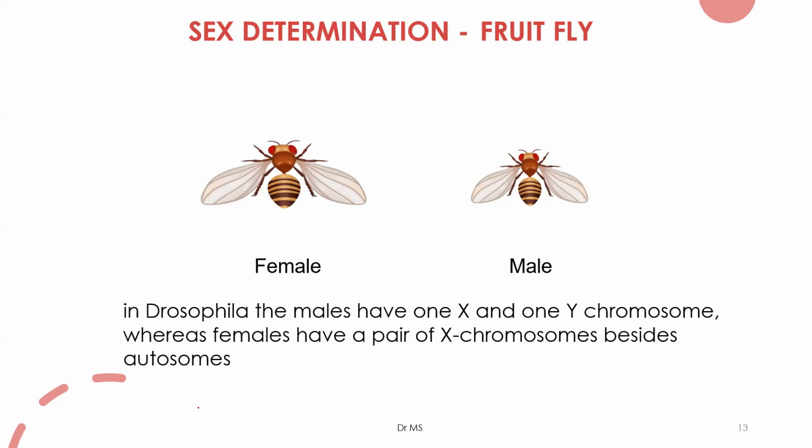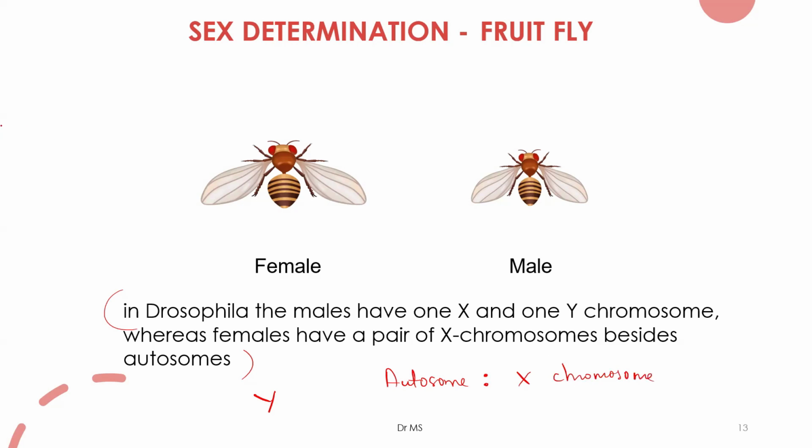And remember, in Drosophila, sex is not determined by the presence of Y or not. Actually, it is determined by the ratio of the autosomes and X chromosomes. If I just give the statement which is given in the NCERT, you would probably say it is determined by the Y chromosome. But actually, it is determined by the ratio of autosomes and X chromosomes.